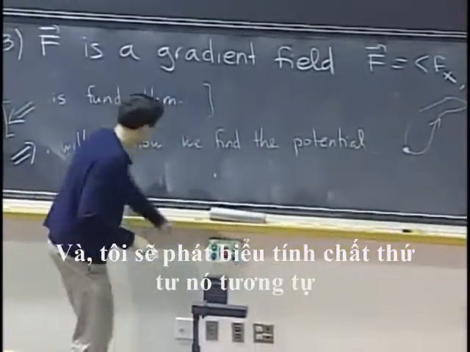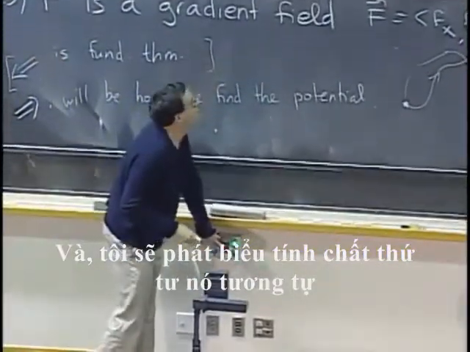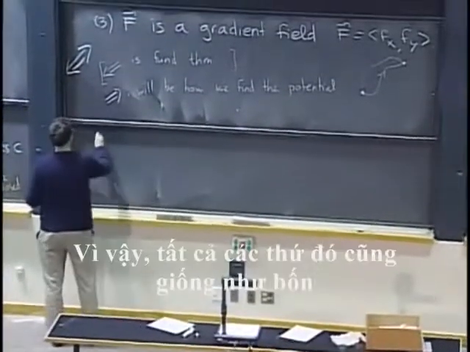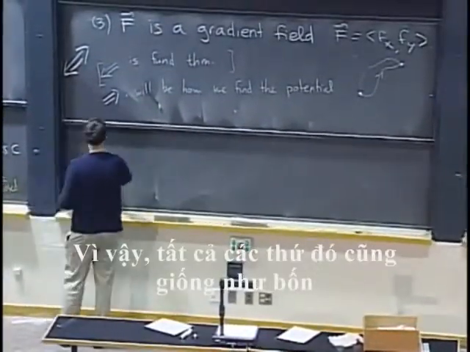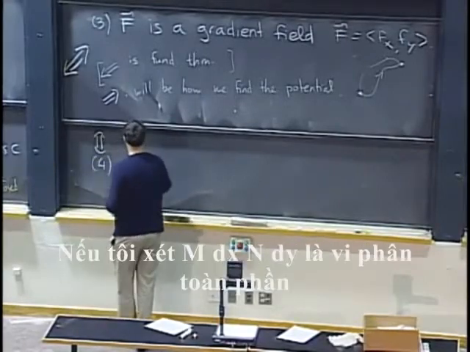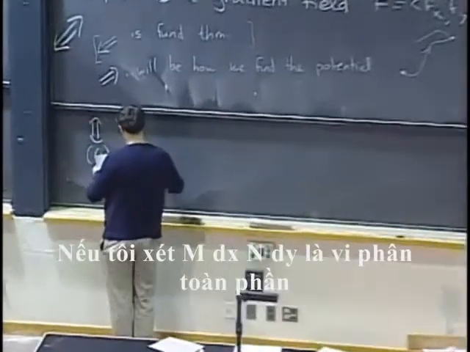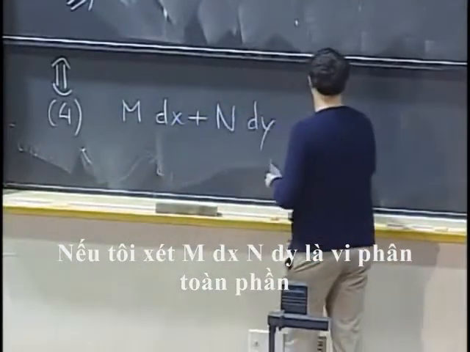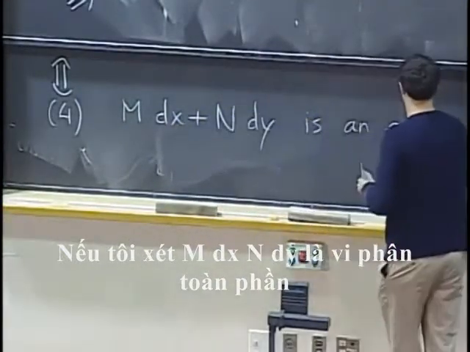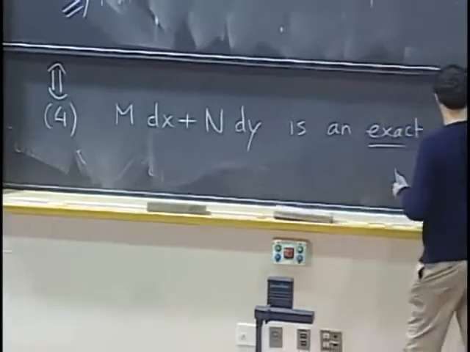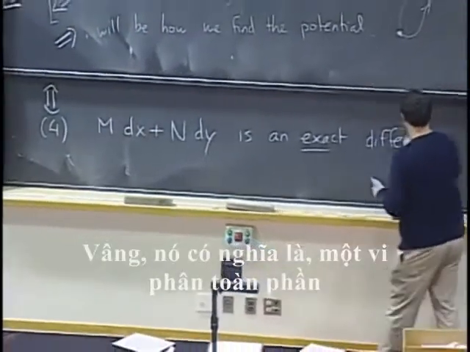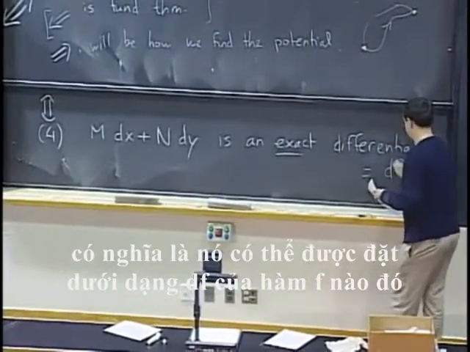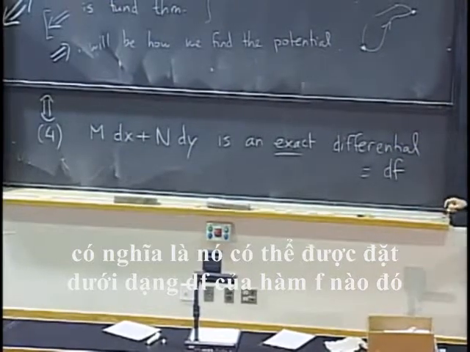And let me just state a fourth property that's the same. So all that stuff is the same as also 4. If I look at M dx plus N dy, it is what's called an exact differential. So what that means, an exact differential means it can be put in the form df for some function f.